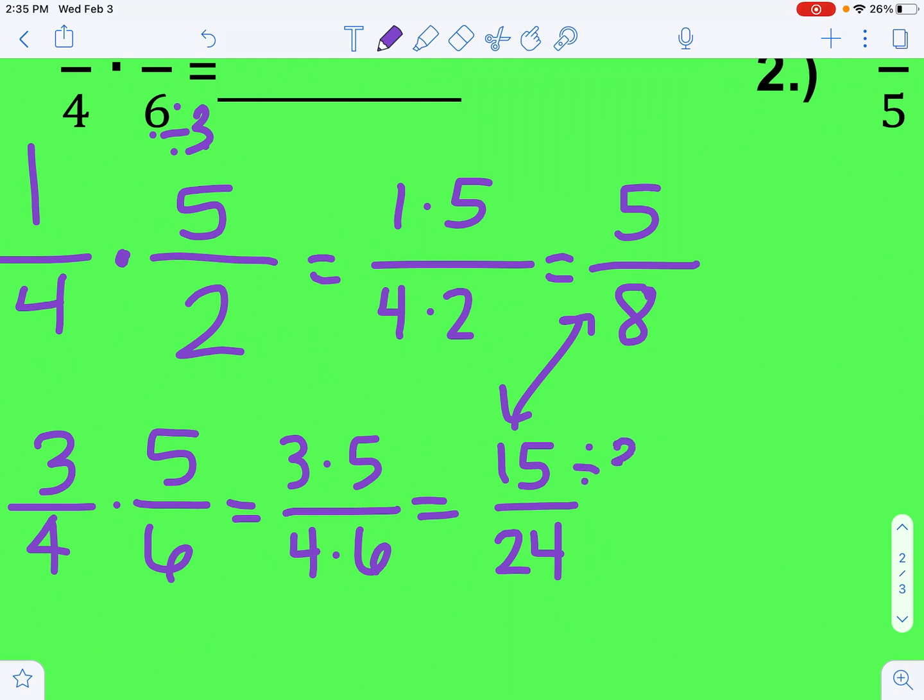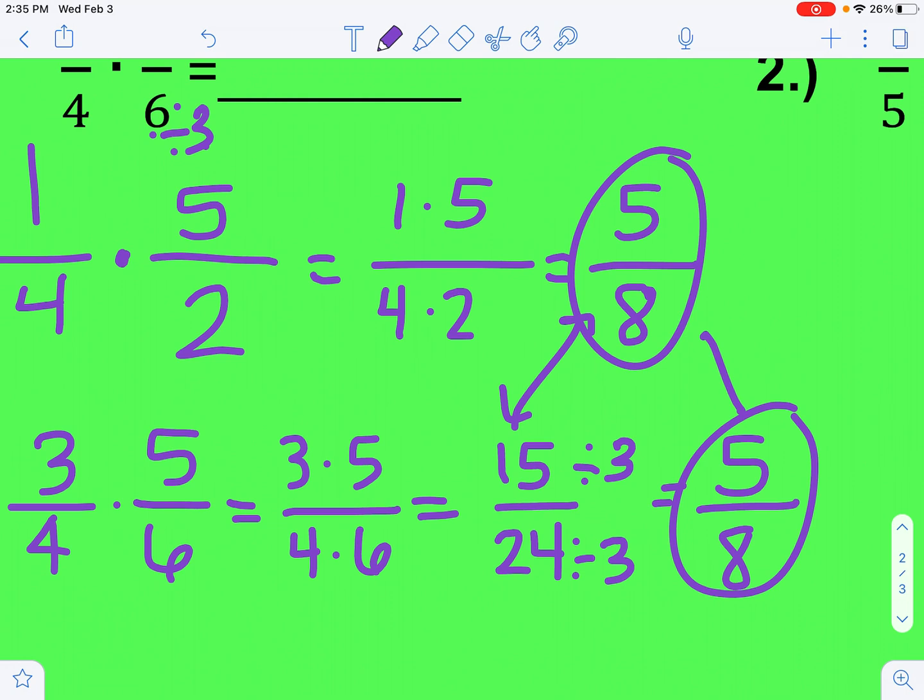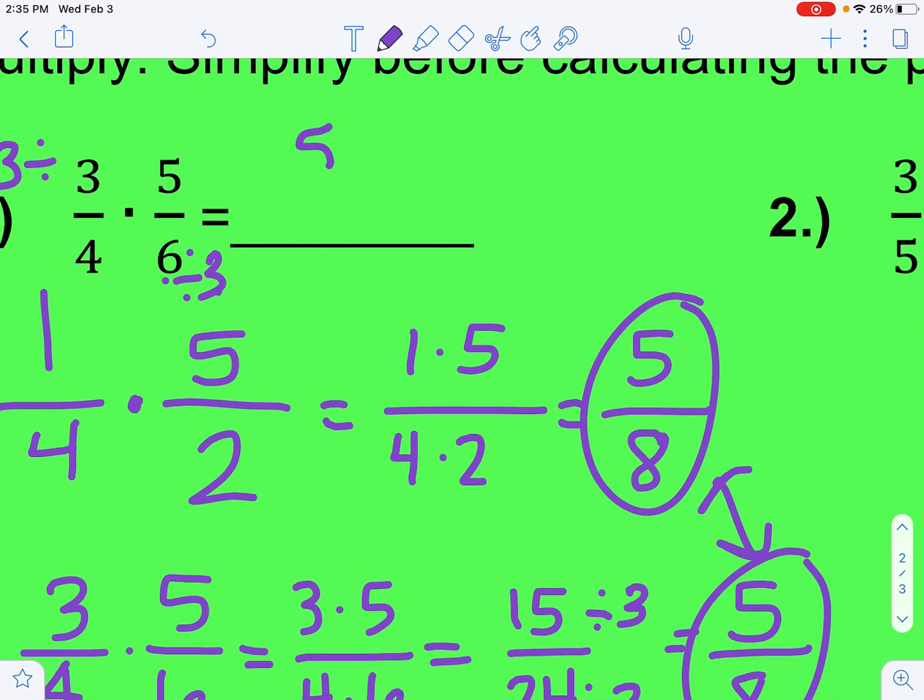That's because we can divide this by 3. 15 divided by 3 is 5. 24 divided by 3 is 8. Those two fractions are exactly the same. So it doesn't matter if you simplify beforehand or afterwards. Okay, so 5 over 8 is our answer.